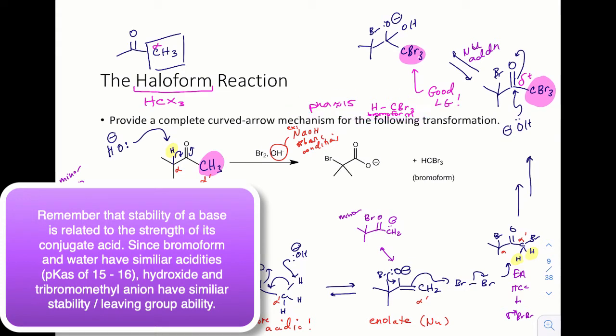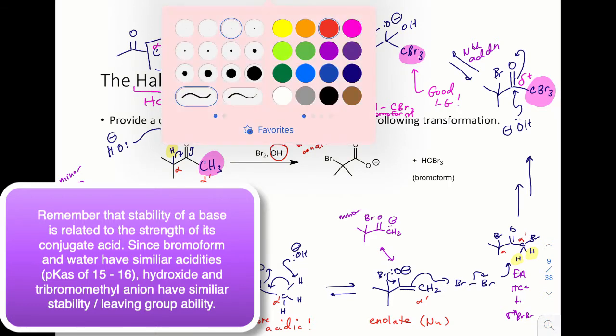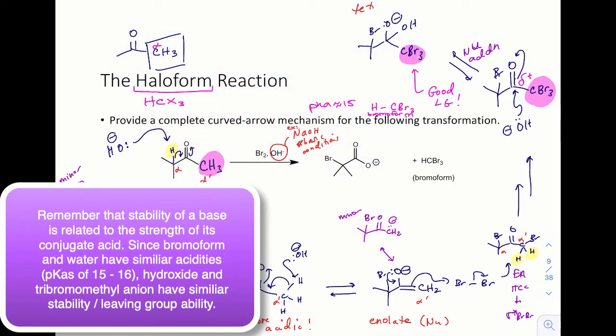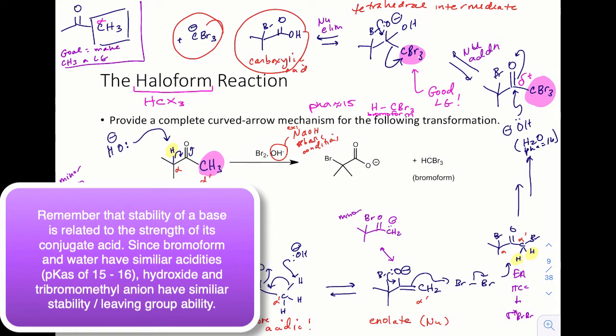What that tells me is that when this tetrahedral intermediate collapses, it could expel hydroxide, whose conjugate acid, water, has a pKa of 16. And certainly that happens. However, it could also expel the conjugate base of bromoform and form a carboxylic acid.